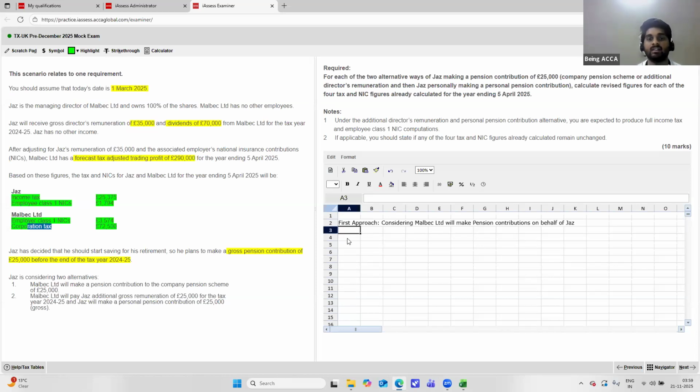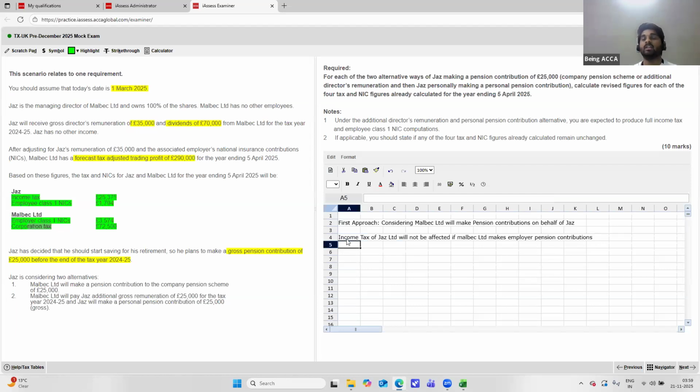So for that reason, the income tax of Jazz will not be affected if Malbec Limited makes employer pension contributions.